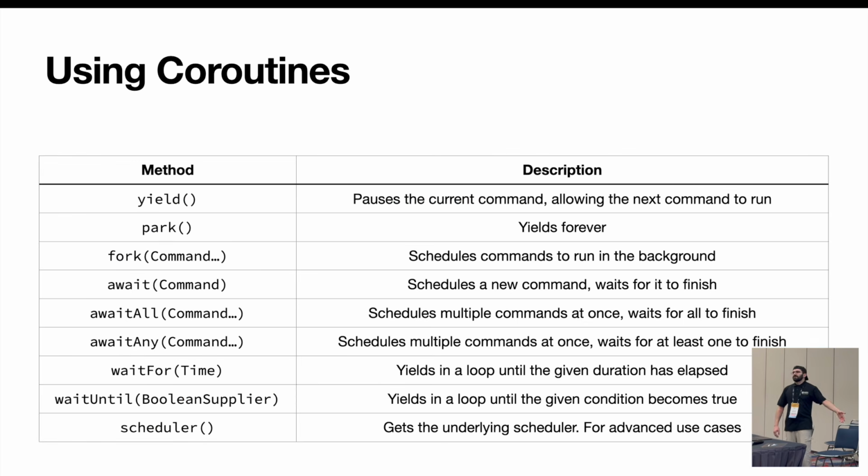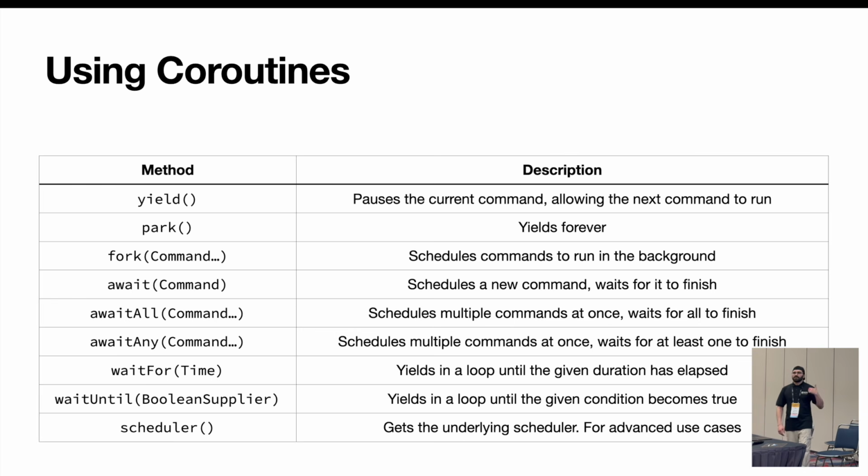So there's a bunch of things that coroutines let you do. This is all going to be the API documentation. You don't need to know this right now. But we saw the yielding, so that's basically saying, in my command, I reach a pausing point. The scheduler can stop this command running right now and then go on to the next thing. So if you're running multiple commands at once, your first command in your scheduler is running, it yields, the scheduler pauses that, puts that on the back burner, picks up the next command in the queue, runs that until it yields, et cetera, et cetera.